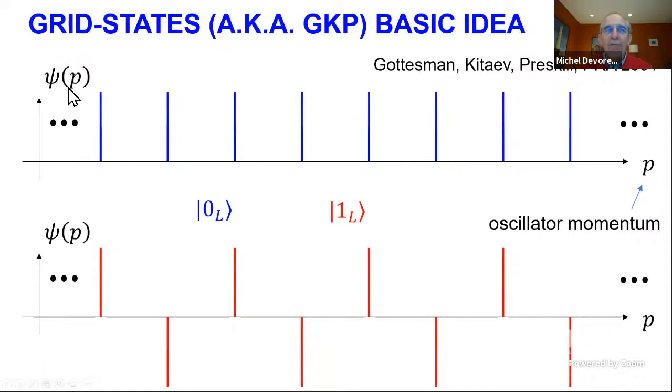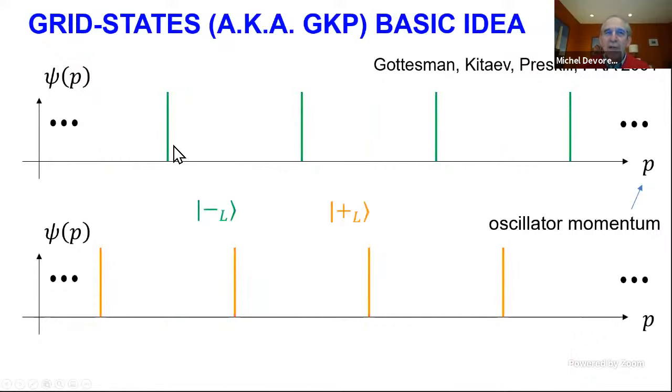Because if I look at these wave functions in Fourier space, I also get picket fence type of wave functions. But if I superpose these wave functions to create the minus and plus state, which live on the equator of the Bloch sphere, they also are in some sense maximally separated. So exactly like I can correct translations along the Q coordinate, I can also correct the translation along the P coordinate, and that corrects both bit flips and phase flips.